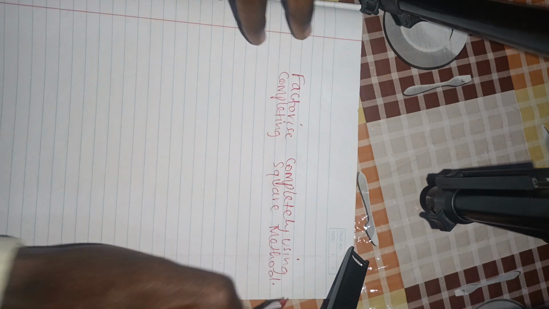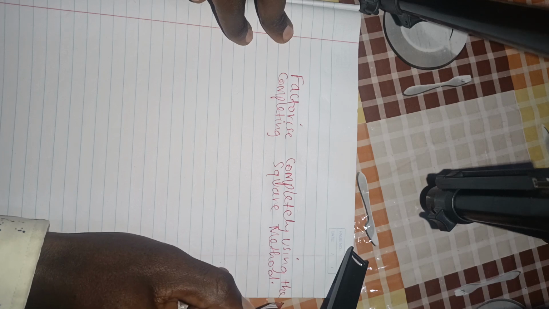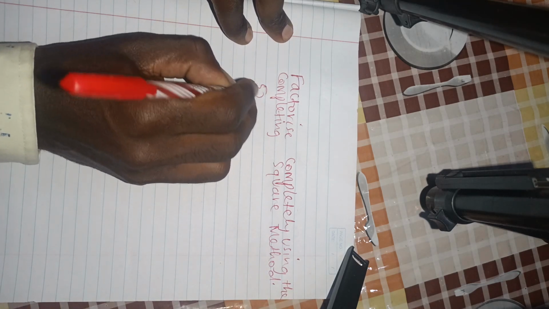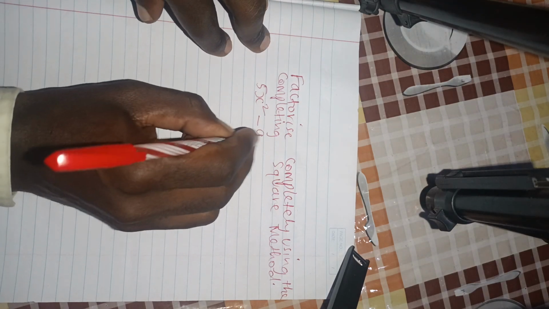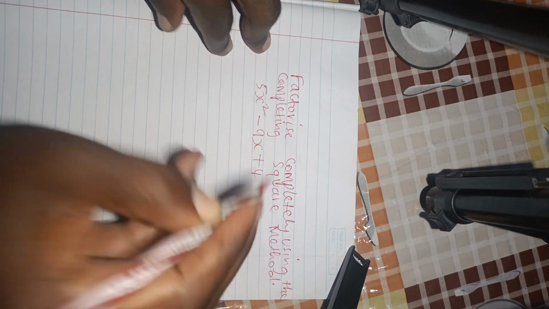Factorize completely using the completing square method. And you see, the equation given is 5x squared minus 9x plus 4.